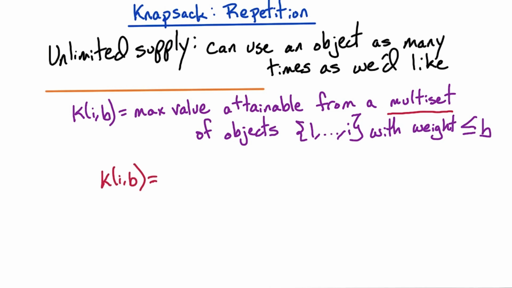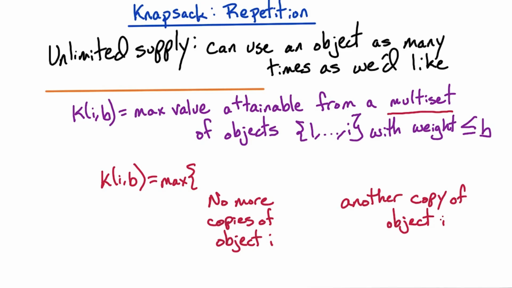So let's try to express K(i, b) in terms of smaller subproblems. We're going to try to use the insight from the previous version of Knapsack. In the other version, we either included object i or we didn't include object i, and we took the best of those two, so we took the max. In this version of the problem, we're also going to have two scenarios.